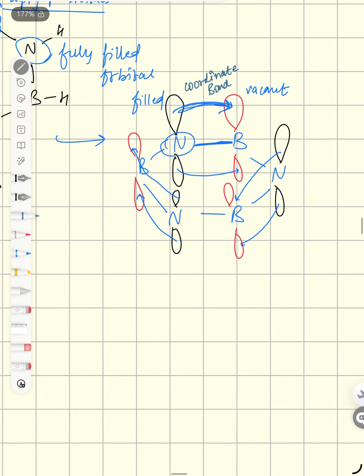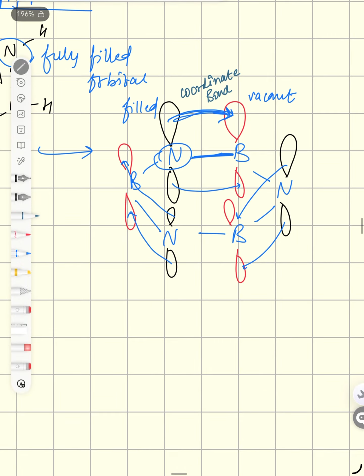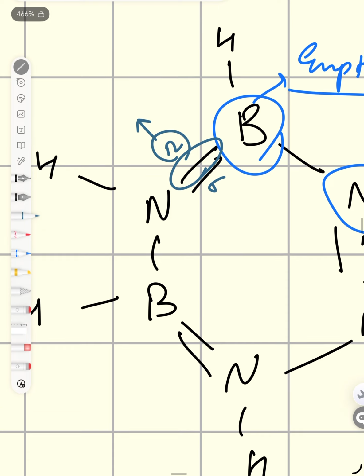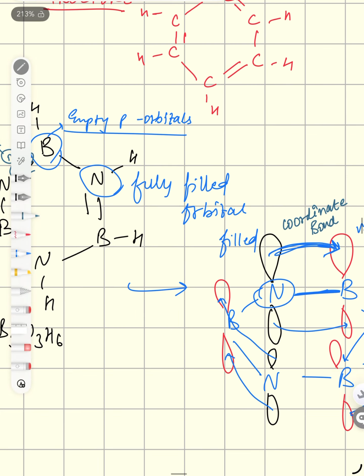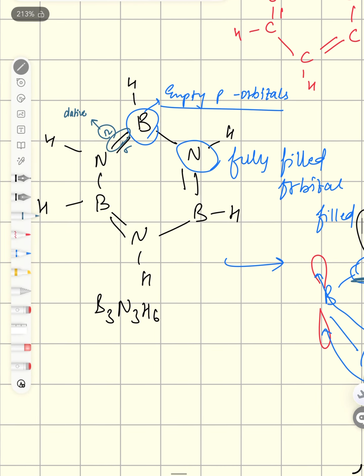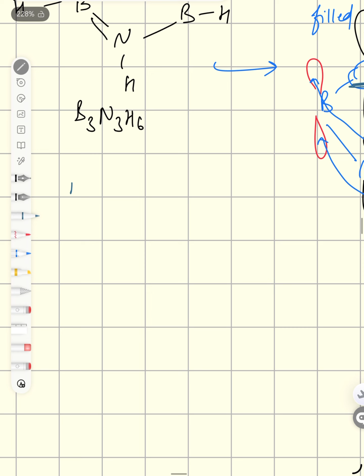Therefore, we state that the pi bonding in borazine, that is this double bond, has one sigma bond and one pi bond. This pi bonding is dative and it arises from the sidewise overlapping of the fully filled nitrogen and empty p orbitals of boron. Right? Therefore, we say pi bonding in borazine is dative.